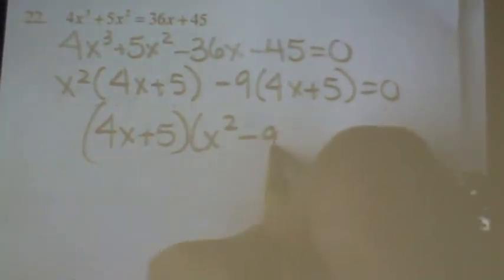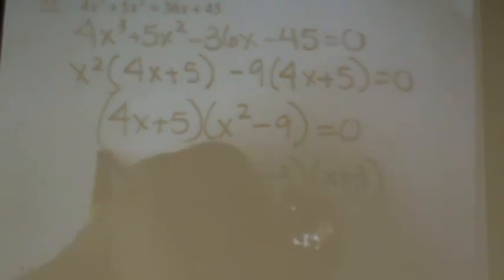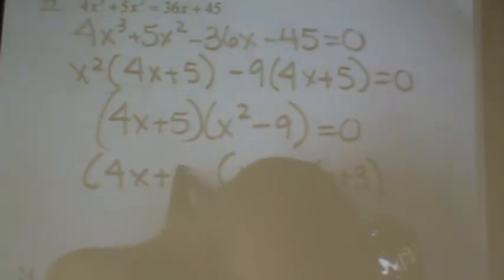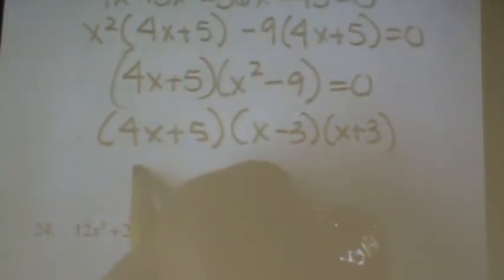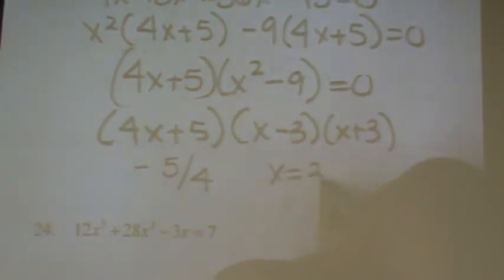So you have 4x plus 5 times x squared minus 9. Now some of you recognize that this is the difference of two perfect squares. You could just write x minus 3, x plus 3 here. And what are your answers? Negative 5/4, 3, and negative 3.